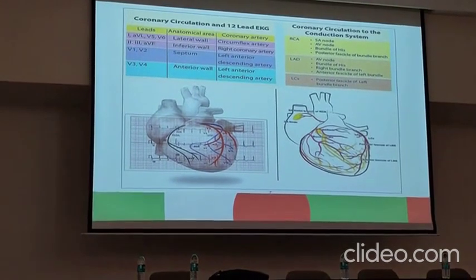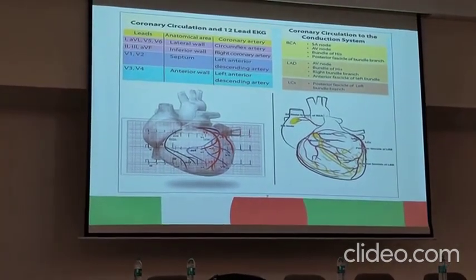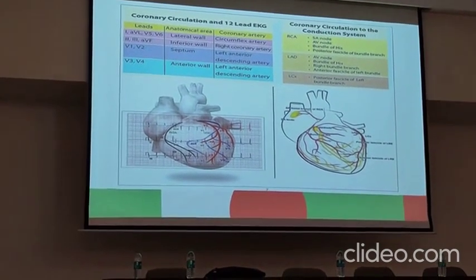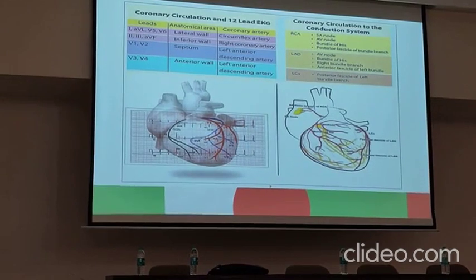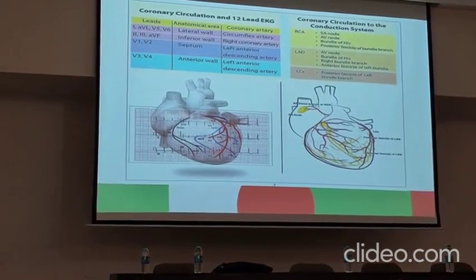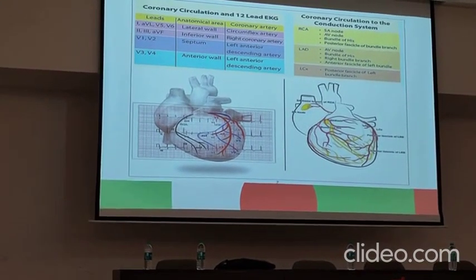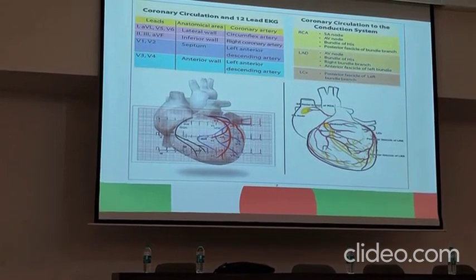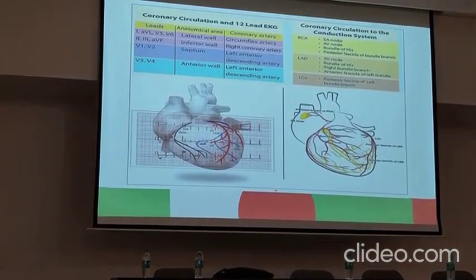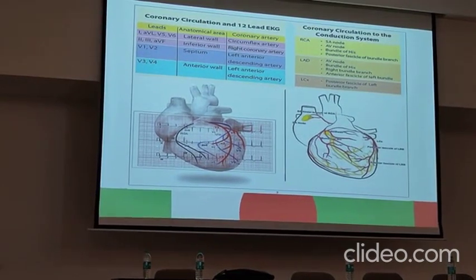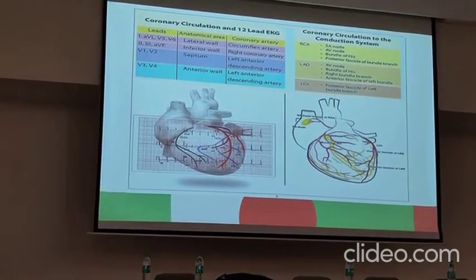The inferior leads, 2, 3 and AVF, represent the inferior wall. In the 12 lead ECG, it is here, and this is the inferior wall. If there is any ischemia or infarction, the changes would appear in leads 2, 3 and AVF.